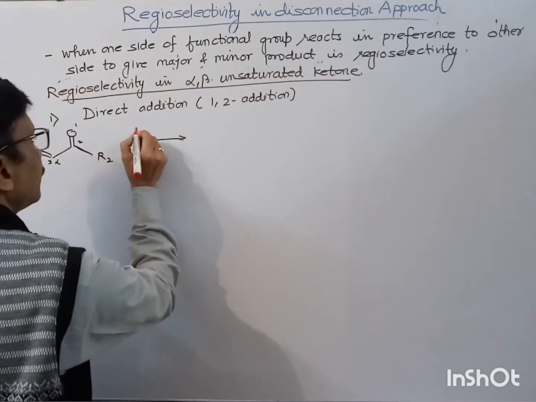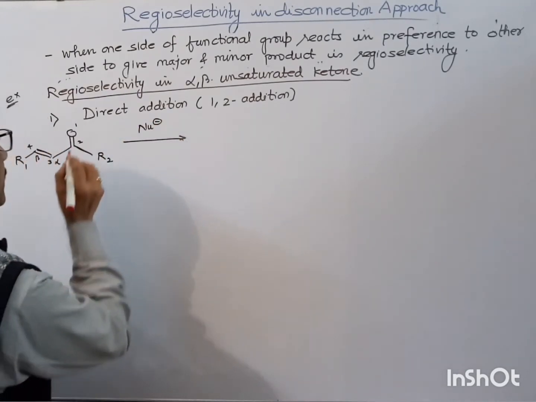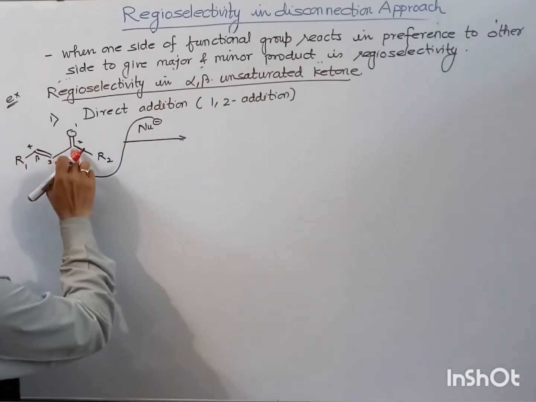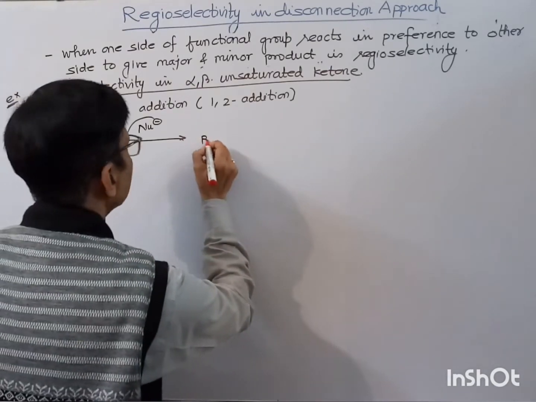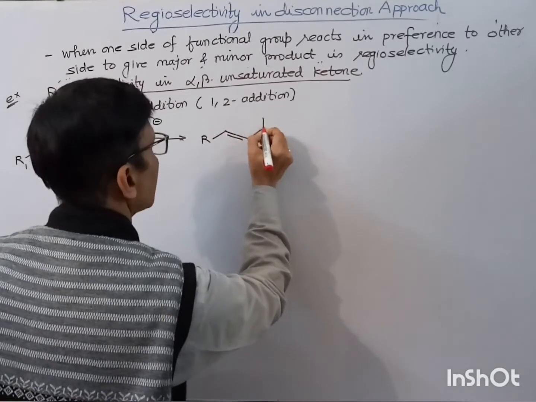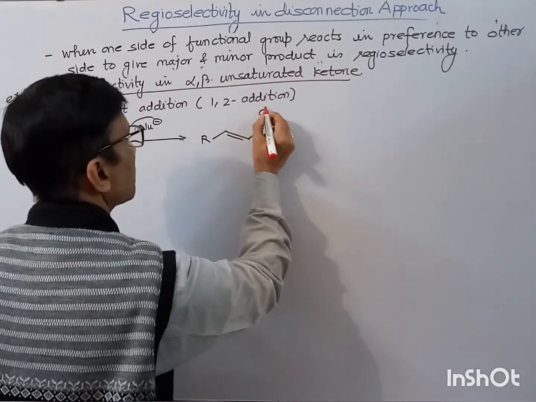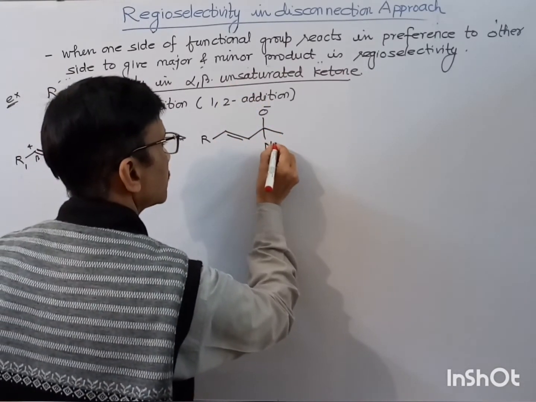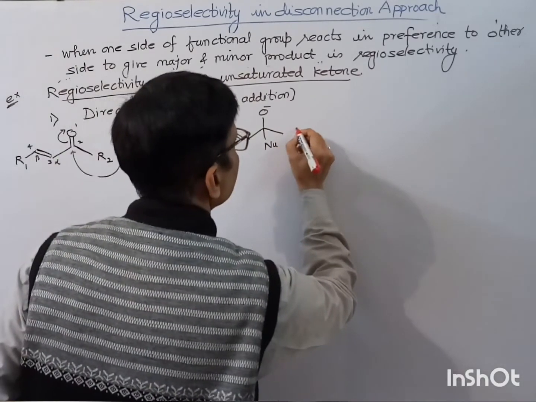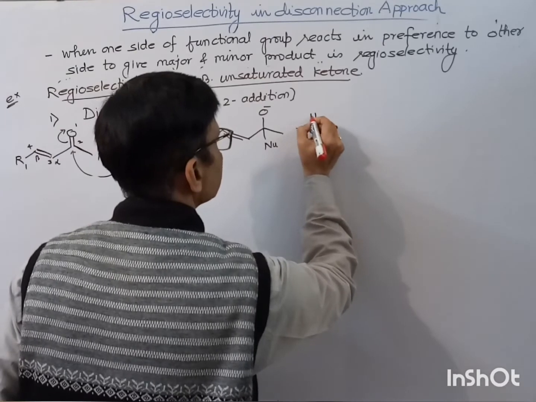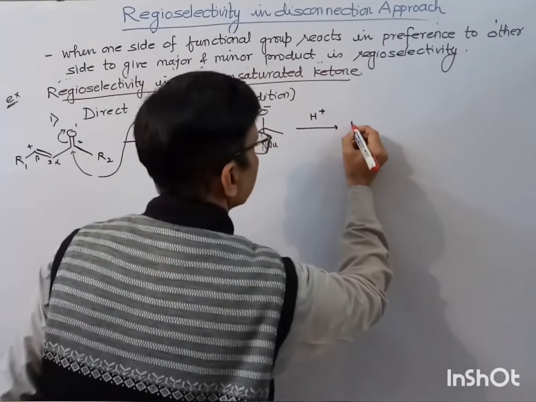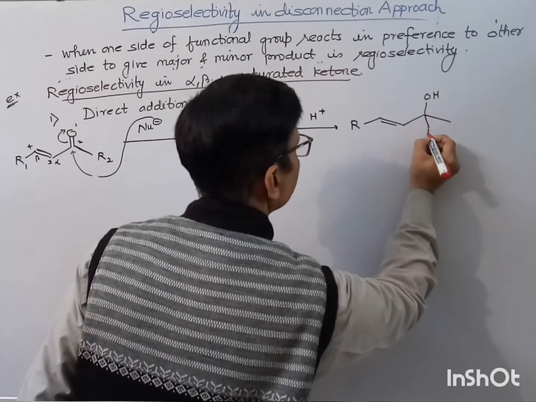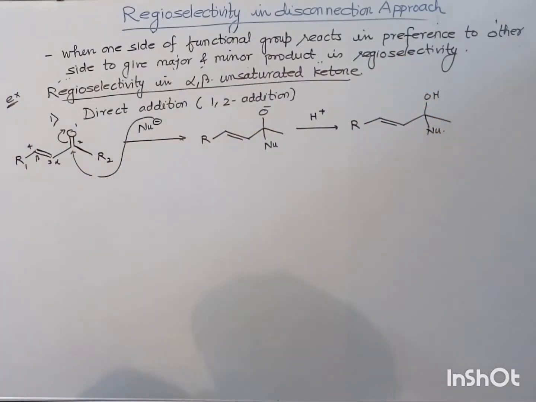So suppose we have the nucleophile, and if it adds over this electrophilic center, then you will have, okay, and now in the presence of this, suppose after the workup you will get this product.